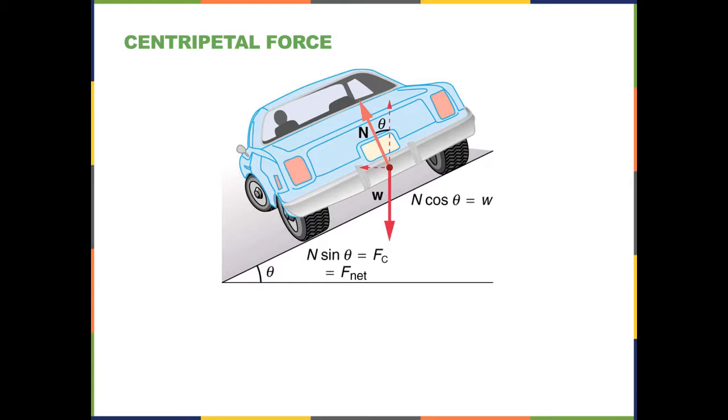Now here's what we do in order to allow cars to go around curves a little bit faster: we bank the track, so to speak. You'll recall, if you've ever seen NASCAR or Indianapolis Speedway or something like that, that all of those tracks are banked.